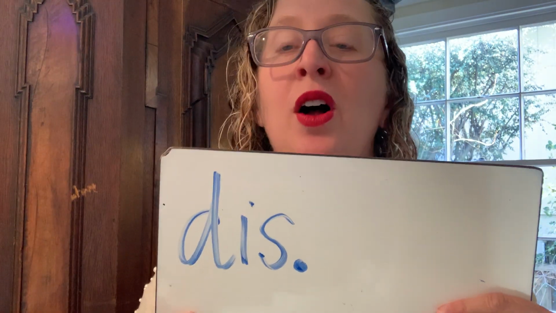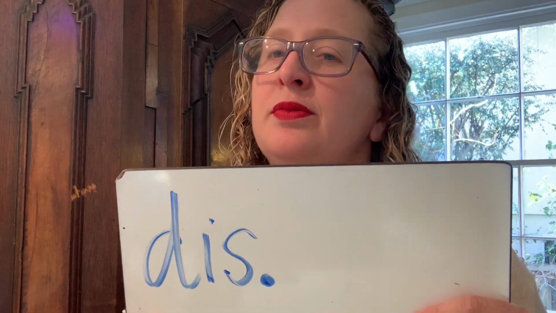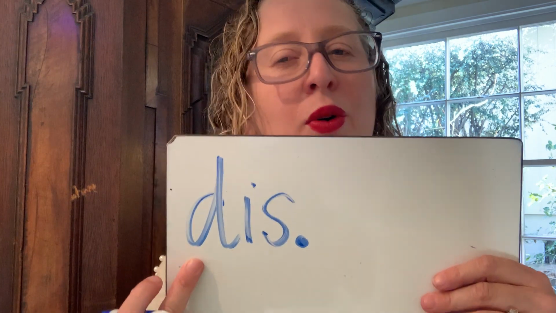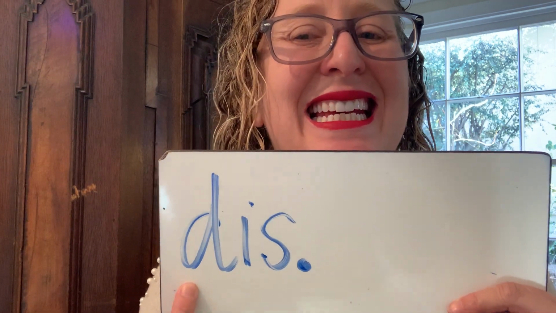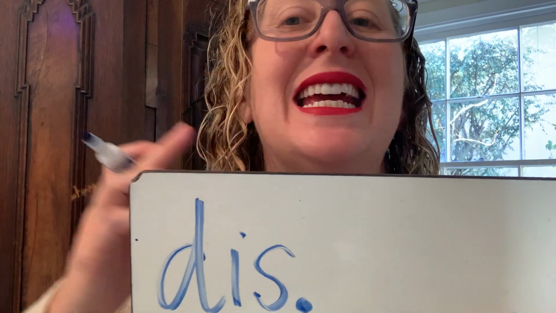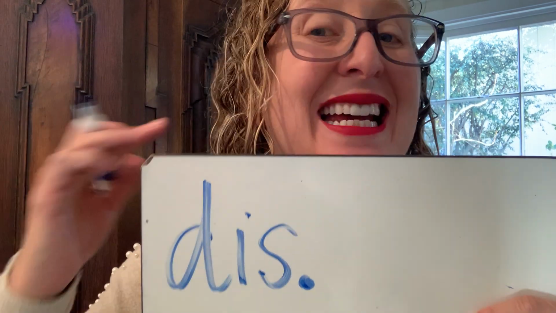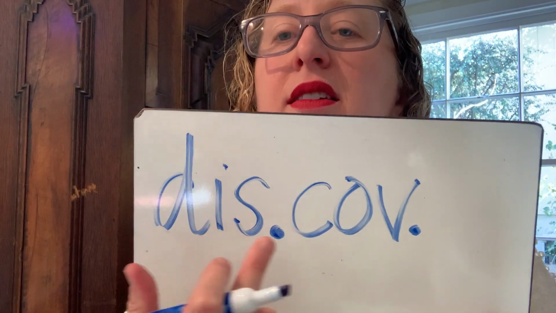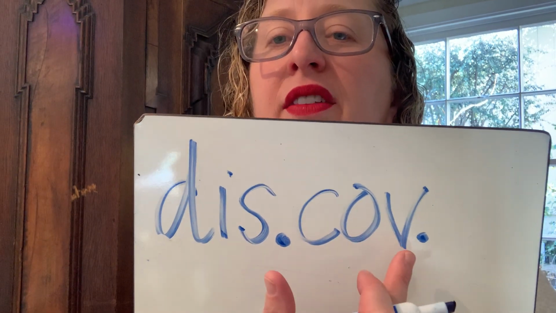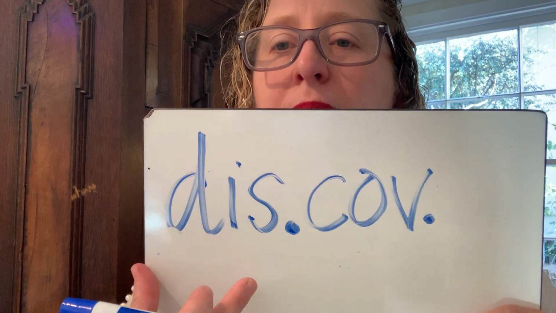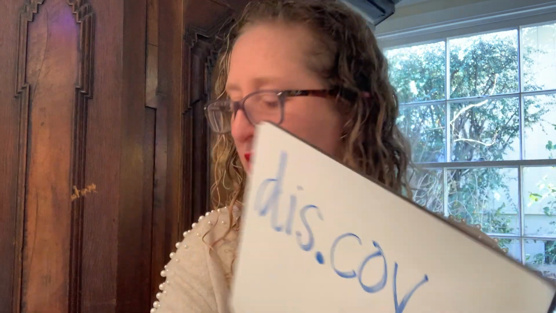Sitting up nice and tall, breathing in and out. Dis, dis. Say it with me. Dis. Griselda, dis. Very good. Discov. Discov. There's a V here. Breaking it apart by syllables. Discov. Let's do the ending.